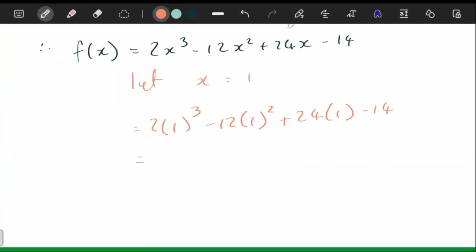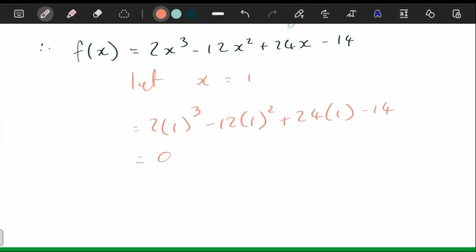Let's see if this is giving us everything we need. 2 times 1 cubed, 12 squared, plus 24 with a 1 there, minus 14. Yeah, gives us a 0.